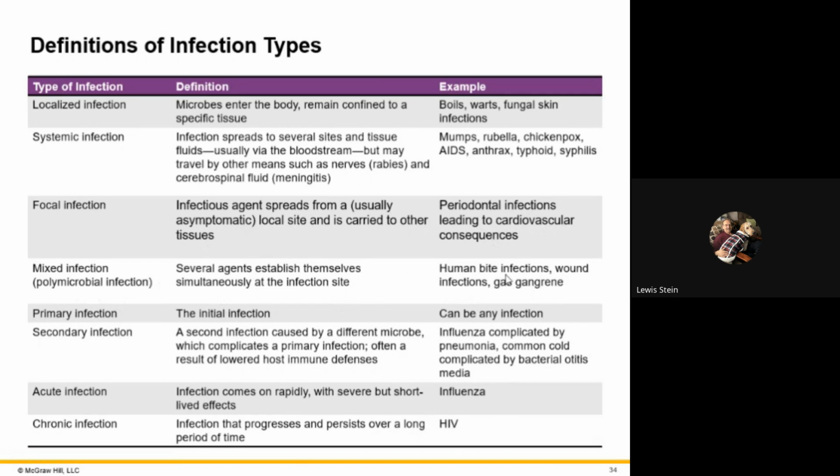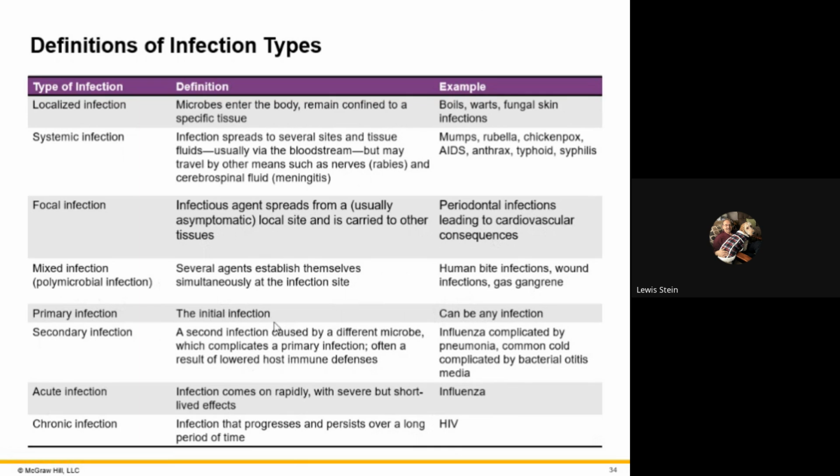Even though theoretically they should have the same array of bacteria, they don't. They are very, very nasty. They always, always, always get infected, and typically it's a mixed infection and frequently anaerobic. They are a mess.